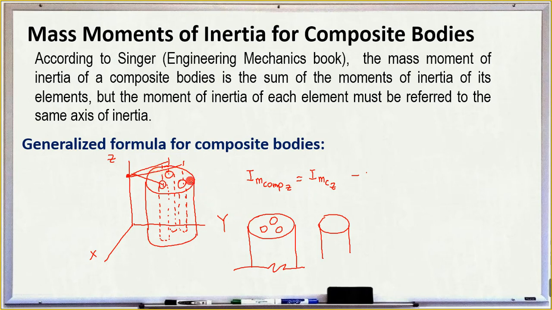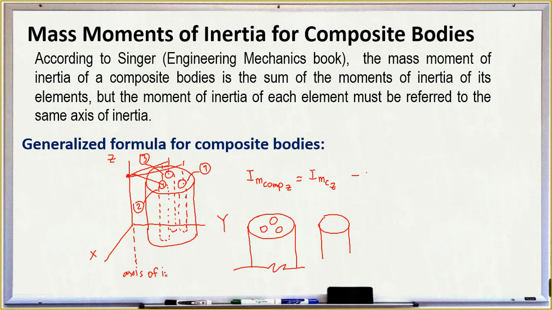So let's label this first hole as hole number 1, this is hole number 2, and this is hole number 3. See to it that the geometric or reference axis of each hole is parallel to our axis of inertia. This is our main axis of inertia.